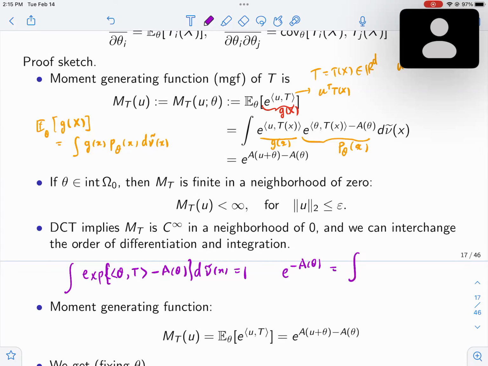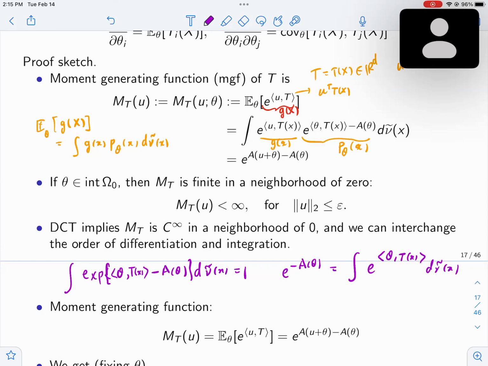This would be the integral of e to the theta t of x, dx, d nu tilde of x, and then you take the log and so on. But at this point, this is good enough for us.